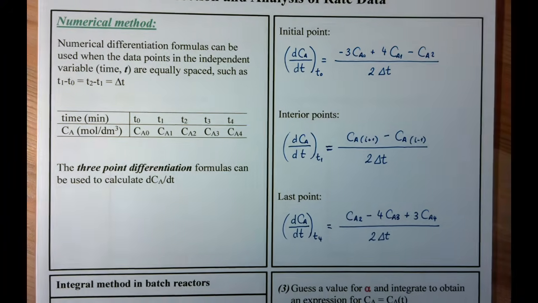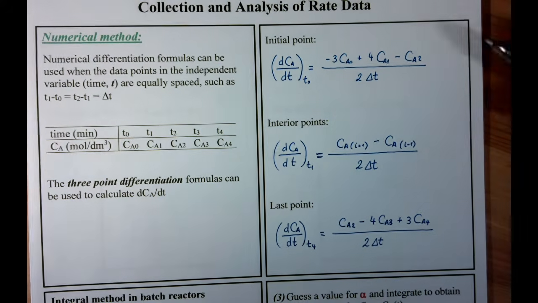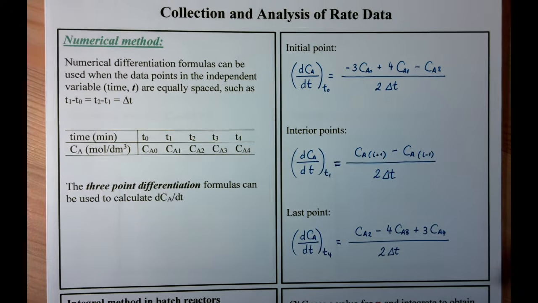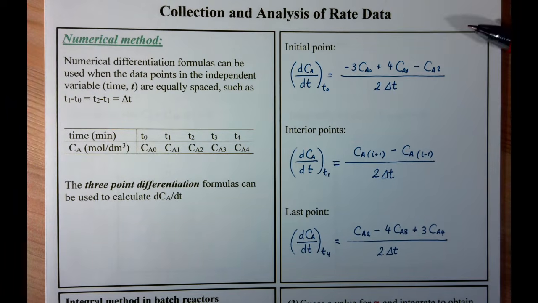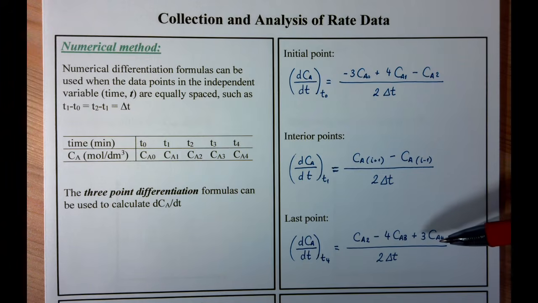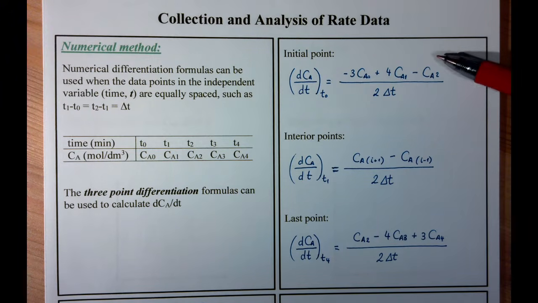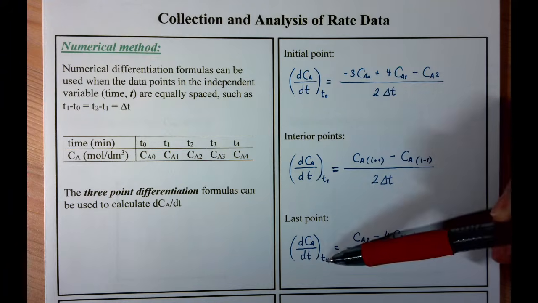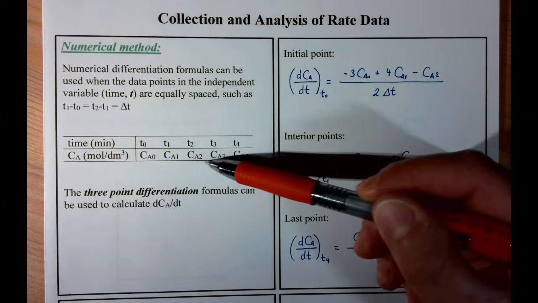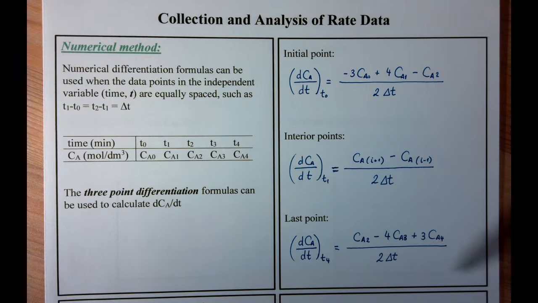So here are the formulas. You don't need to memorize this. This comes from numerical methods. You might have already studied this or not, but this is something that you can put into your equation sheet, or it would be provided to you on an exam to calculate the dCA dt points for all these different experimental data points.